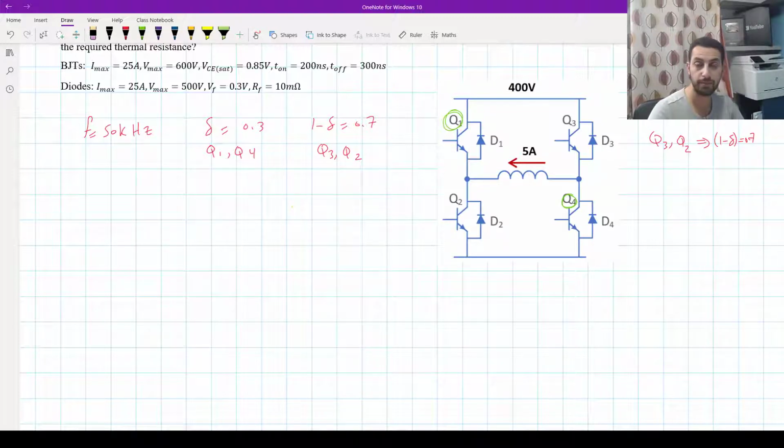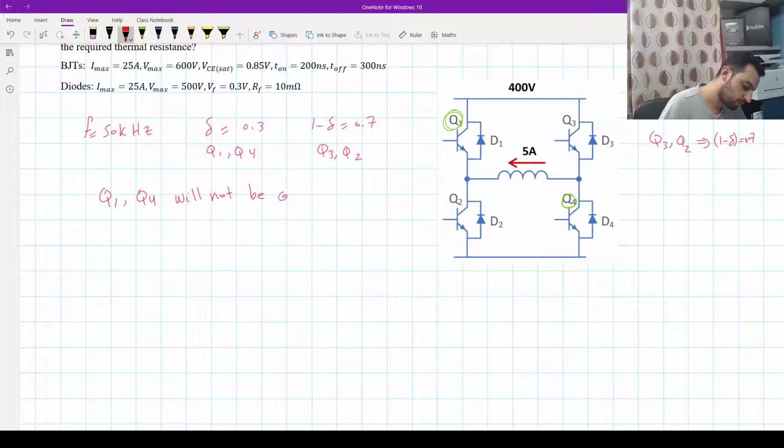Are they able to conduct that current in the reverse direction? The answer is no. That means Q1 and Q4 will not be conducting, and this is a very important decision to have, because the current can't flow in these two transistors backward.